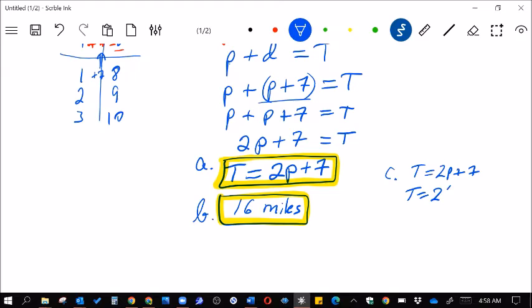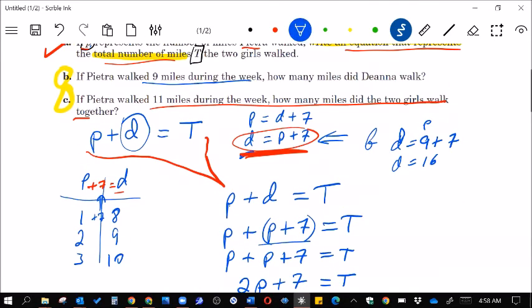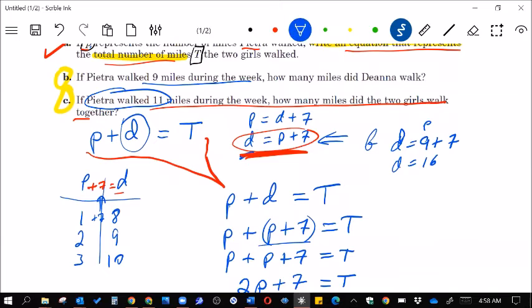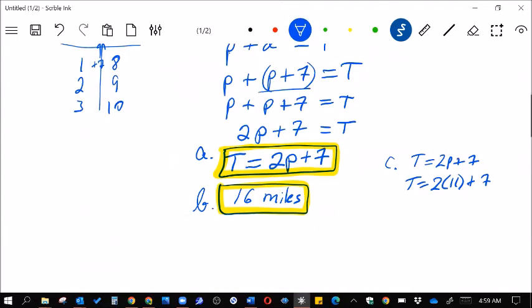T is equal to 2 times 11 plus 7, because Pietra walked 11, and we want to know how much they walked together. So that's 22 plus 7, that's 29. So C is 29 miles together.